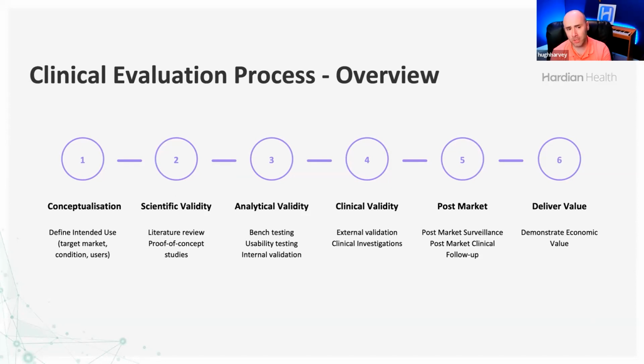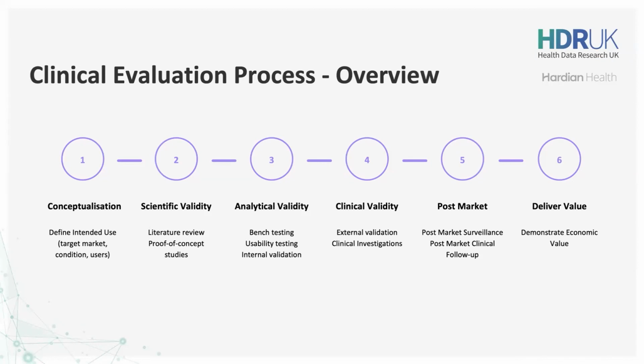And I'm just going to pause here and explain a couple of basic bits of terminology. First of all, we don't use the term clinical study or clinical trial. Those are reserved for drugs or randomized control studies involving drugs or other interventions. The actual term for studying the performance of medical devices is a clinical investigation.